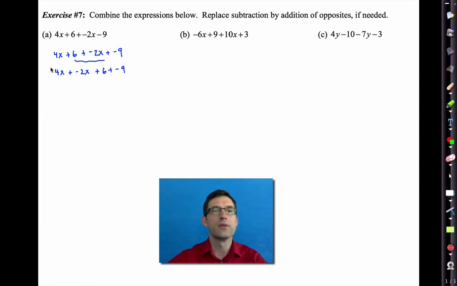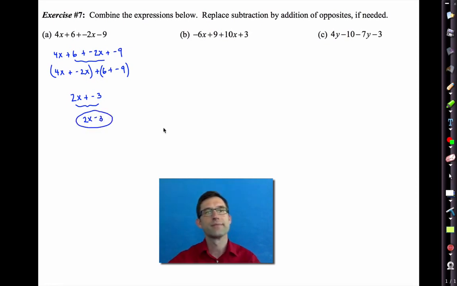Finally, I'm going to use the associative property to group these two particular additions together. 4x plus negative 2x will be a positive 2x. 6 plus negative 9 will be negative 3. And we normally don't leave things this way. We would normally then write it as 2x minus 3.